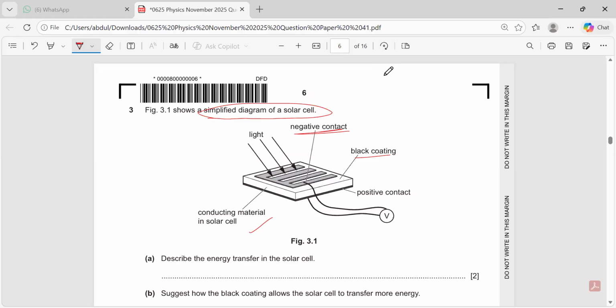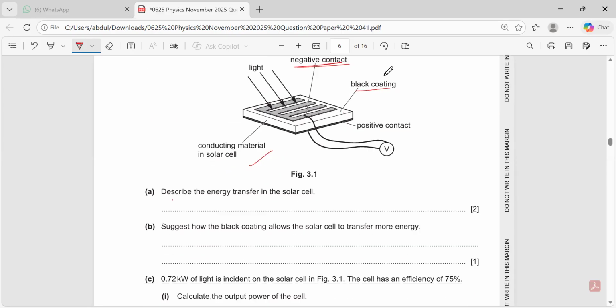Even I answered it in the beginning of the question. So light energy from the sun to electrical energy.